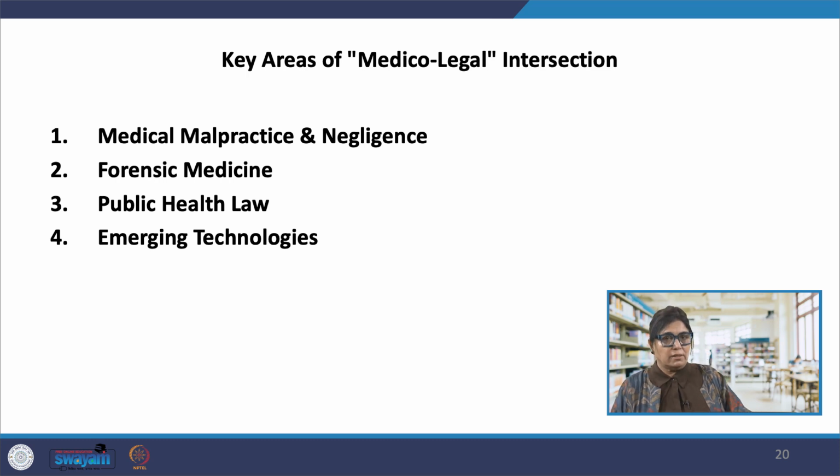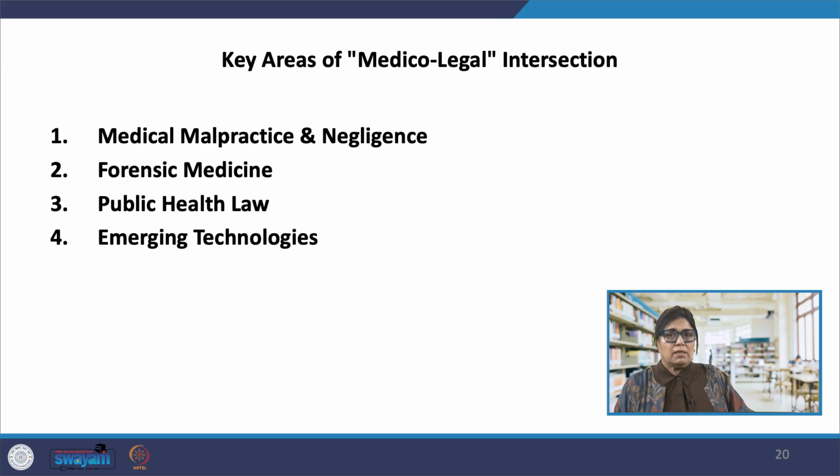So, the key areas of medico-legal intersection. Anthropologists and humanities scholars study some key areas of medico-legal intersection to understand their societal impact, and these include medical malpractice and negligence, the legal mechanisms used to hold providers accountable and compensate patients for harm.